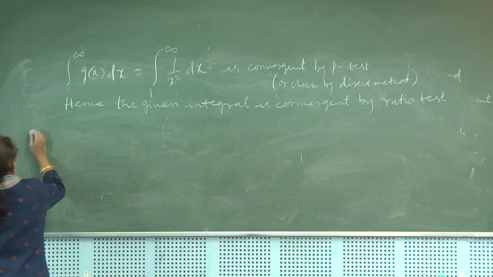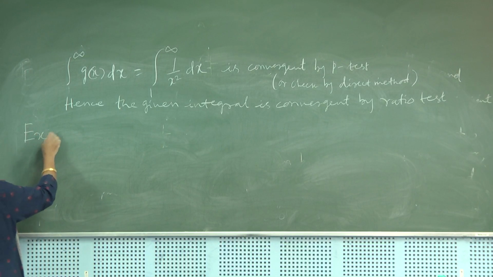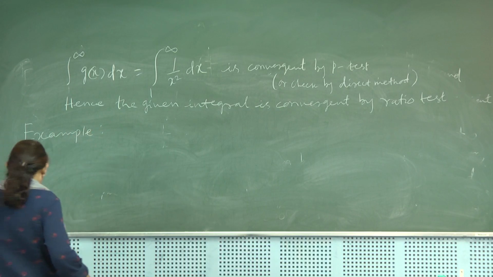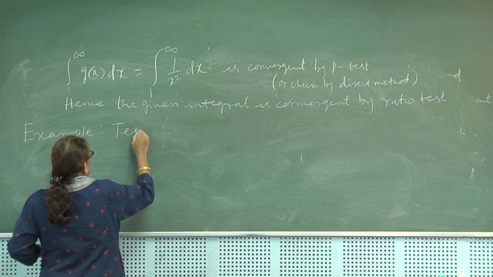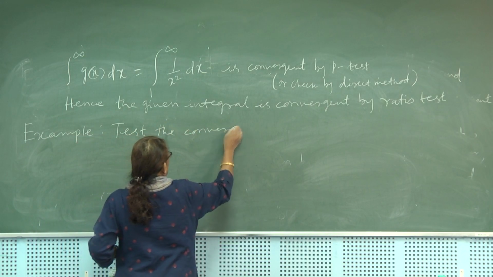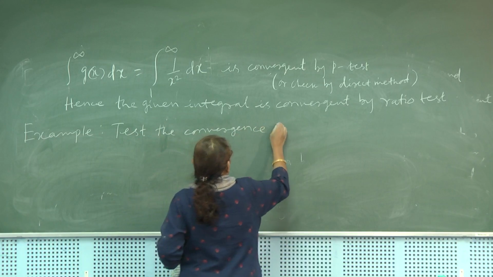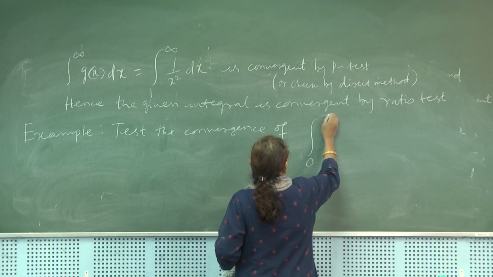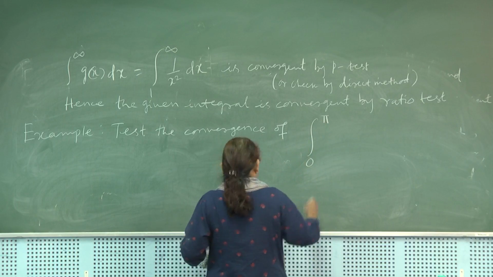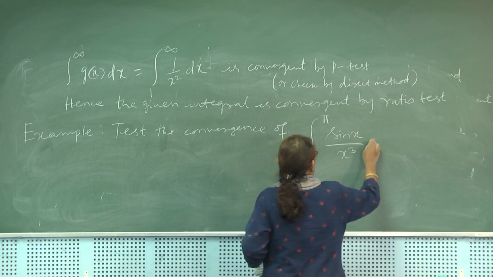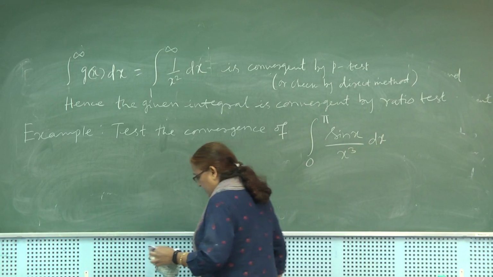This is how we apply this ratio test and verify convergence of the improper integral. Well, let us consider another example. Here I will ask you to test the convergence of this type 2 improper integral, the integral from 0 to pi of sin x by x cube dx.